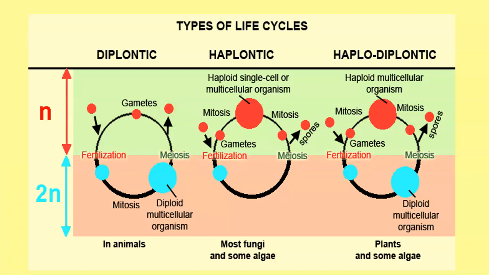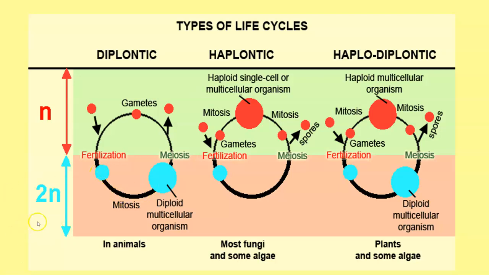Now, the diploid zygote divides mitotically. So you have two gametes coming, they fertilize and they give you a diploid zygote. Now, this zygote can divide mitotically. In this process, multicellular diploid organisms are produced, or it gives rise to many diploid single cells.